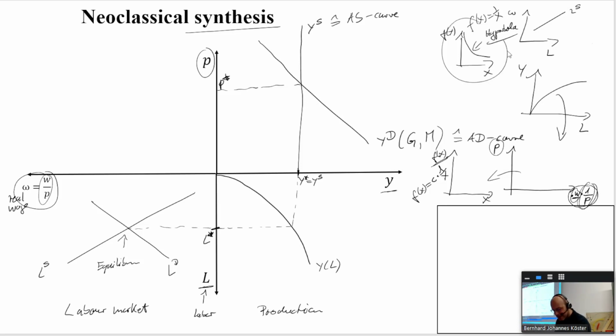Of course, still we have a function which is looking like a hyperbola. Well, and this hyperbola has to go through the point determined by our equilibrium real wage and our equilibrium price level. So this looks like this.